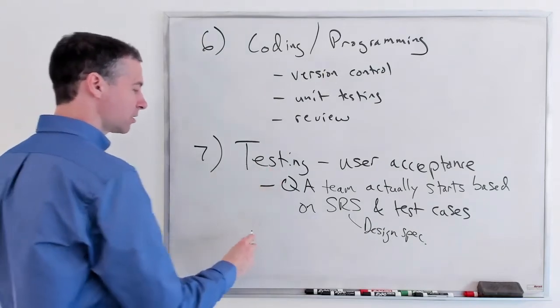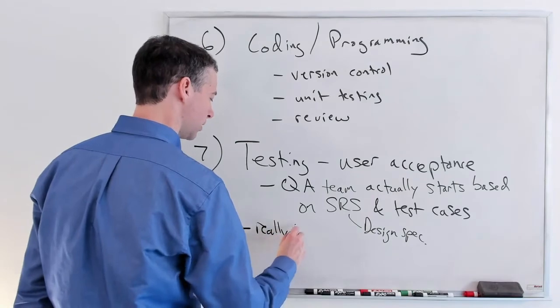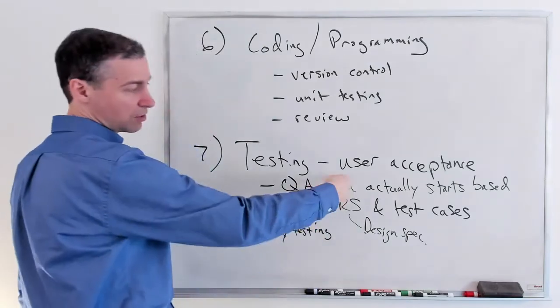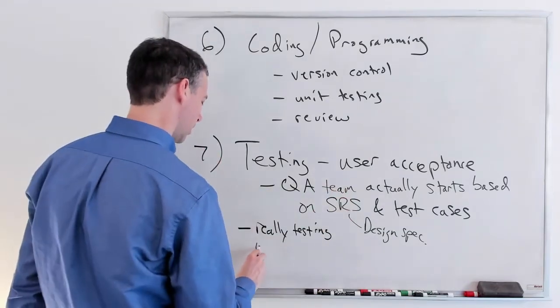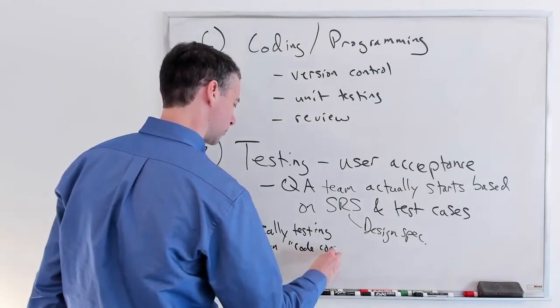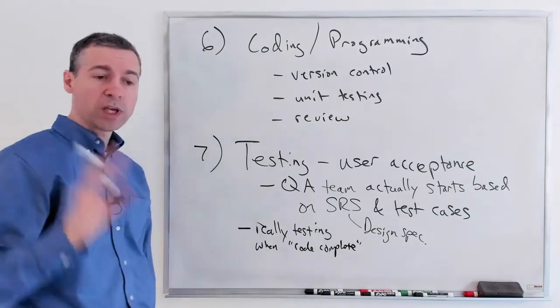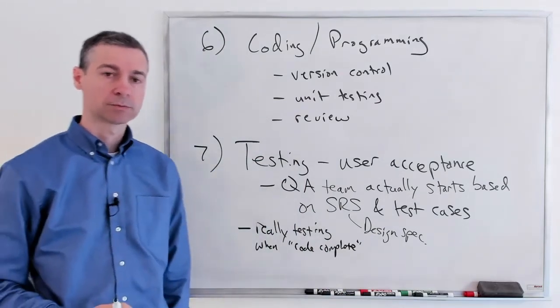This really starts testing once we reach this stage called code complete. This is when the development team declares, we have written all the code that we believe that we need to write to implement everything.